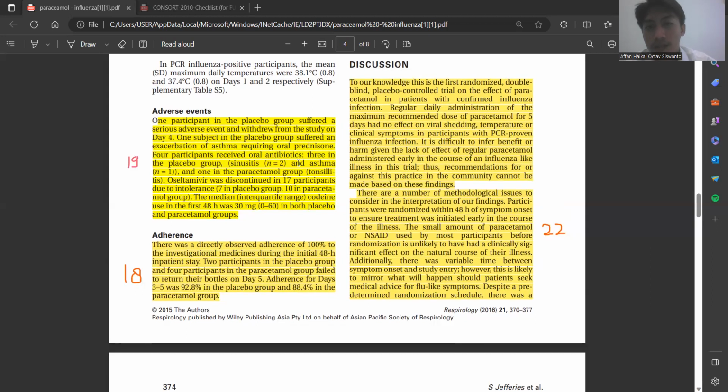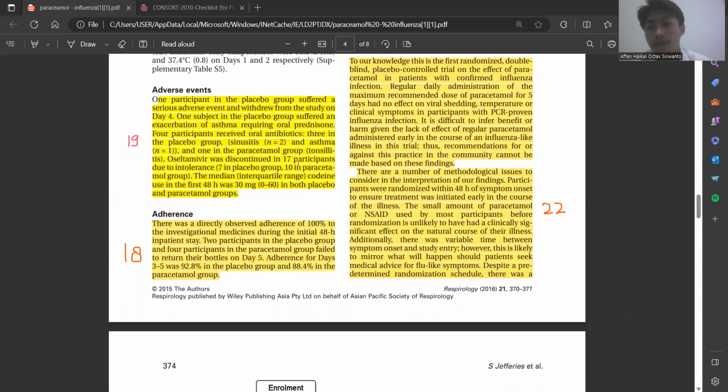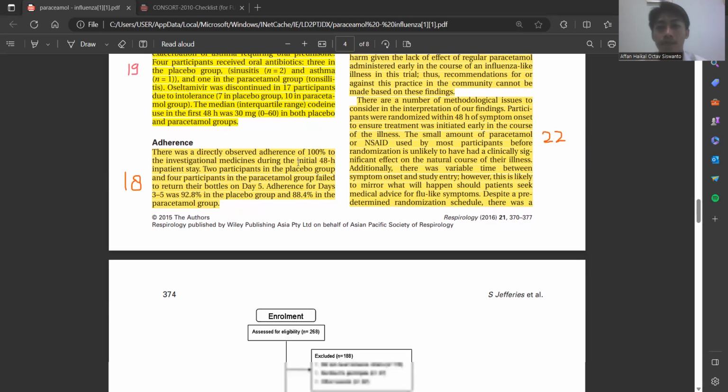Participants were randomized within 48 hours of symptom onset to ensure treatment was initiated early in the course of the illness. A small amount of paracetamol or NSAID used by most participants before randomization is unlikely to have had a clinically significant effect on the natural course of their illness.